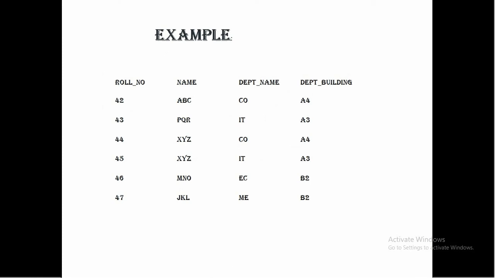Let's take another example: roll number, name, department name and department building. Here roll number determines name, department name and department building, or we can say that name, department name and department building are functionally dependent on roll number.